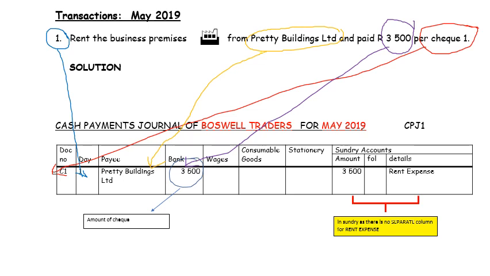Now you have to see why we are paying. We are paying them for rent. We do not have a rent column, so you need to write in sundry accounts. As soon as you write in the amount, you need to say what we are spending this money on, and we are spending this on rent expense.